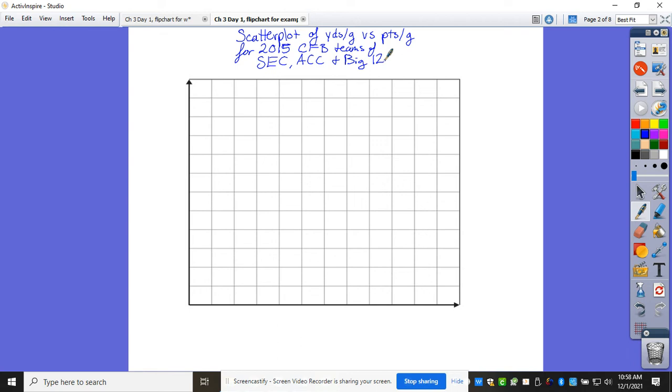What label is going to be on my x-axis? So your x is always your explanatory variable. That should be really easy to remember. So this one for this context is going to be what? Yards per game. And then over here is going to be points per game.